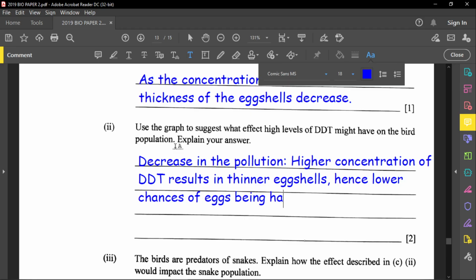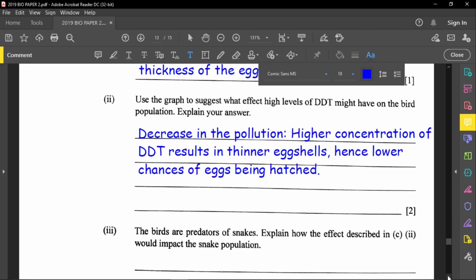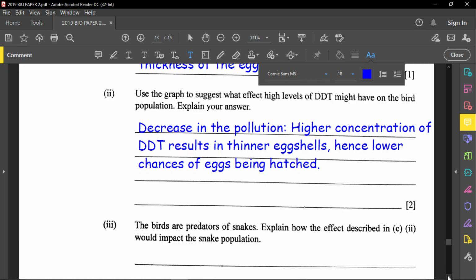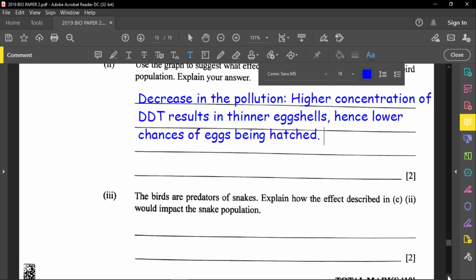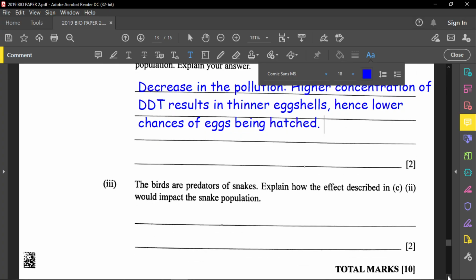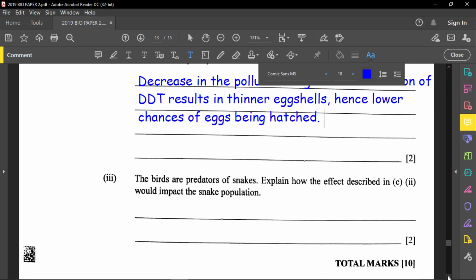That's very important. The thinner shells mean that the embryo will be susceptible to different conditions such as temperature. The temperature could denature the enzymes in the egg. If the egg is too warm, it will spoil, or if moisture gets into the egg, it could also spoil. And even if certain gases get inside the egg, it could damage the egg as well.